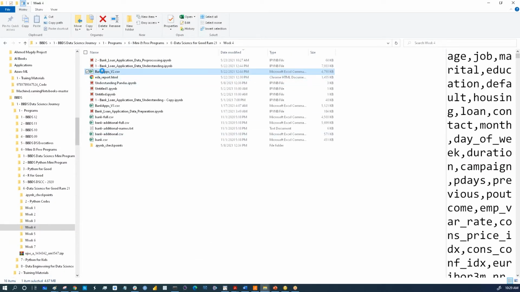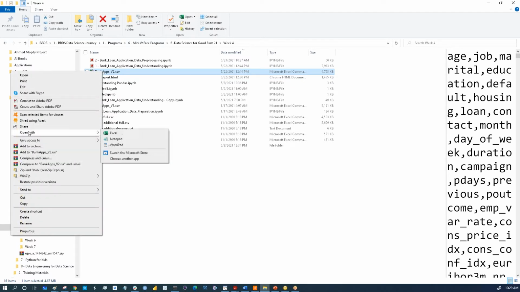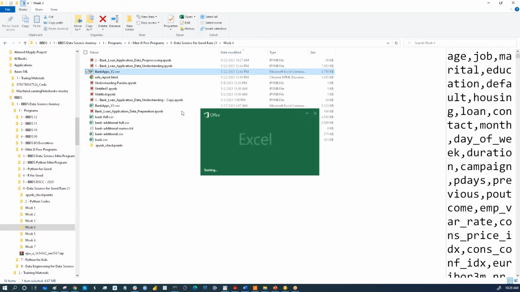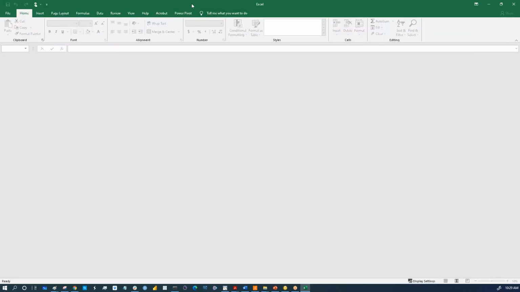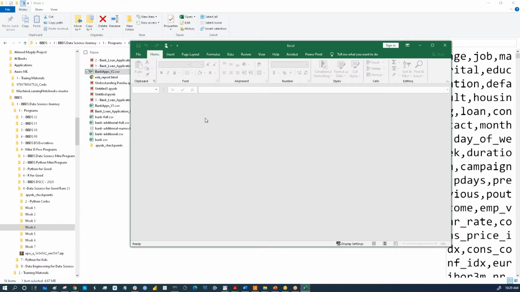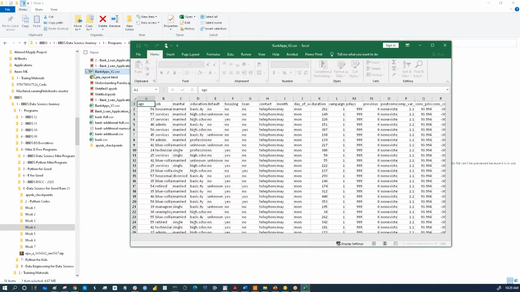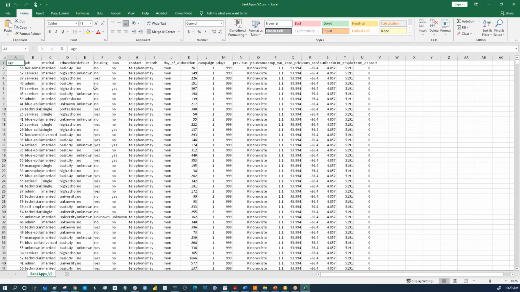Okay, I'm going to open up my file. I'm going to eliminate the first element of age.